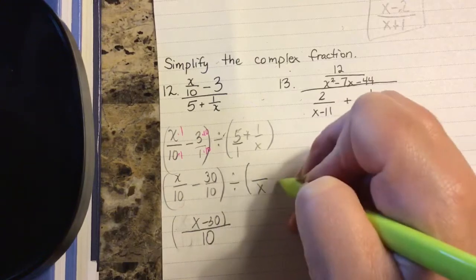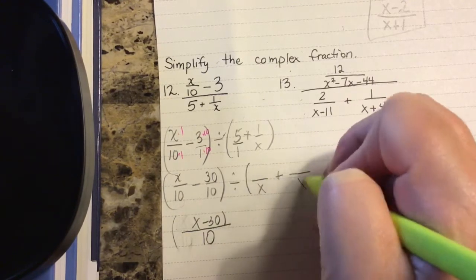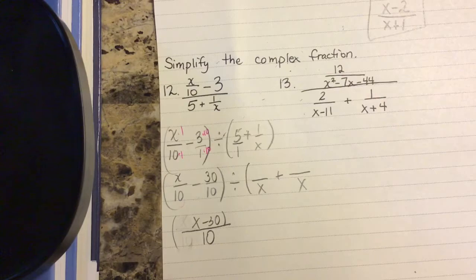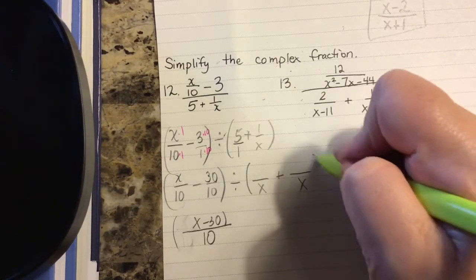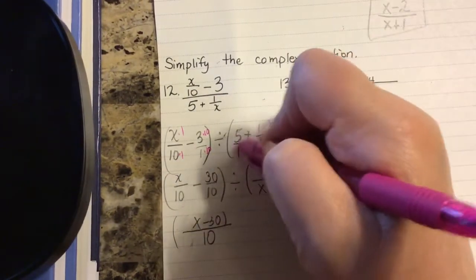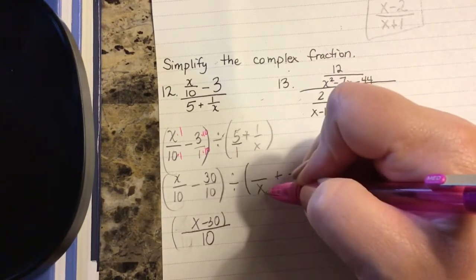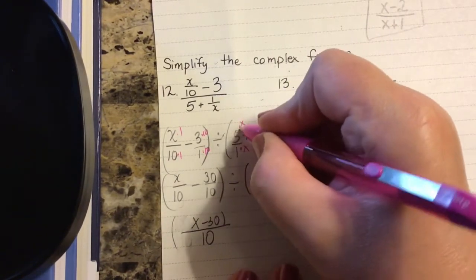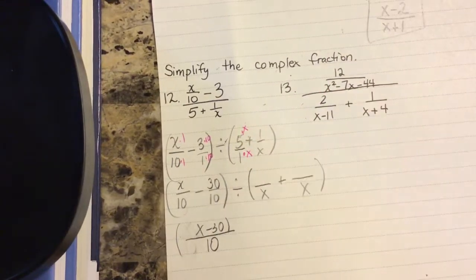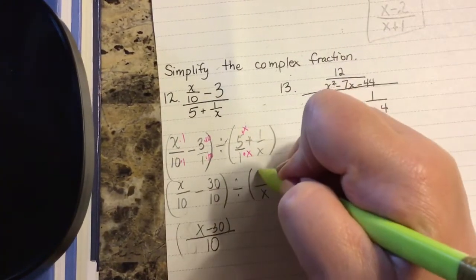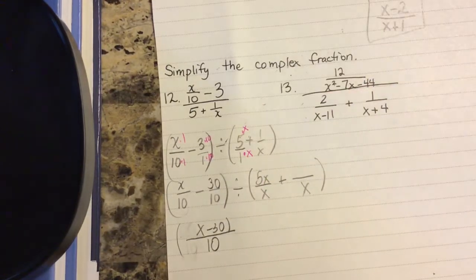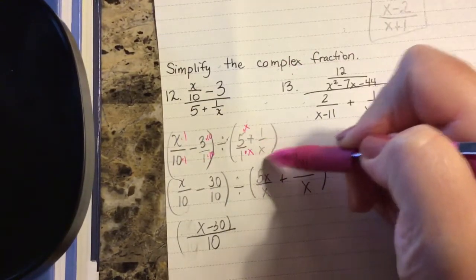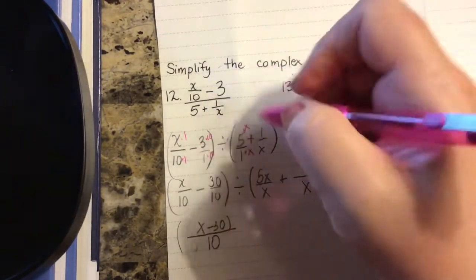So I'm going to put x here, a plus sign, and put x here. What will I multiply this denominator by to turn it into this denominator, to transform it? I would multiply by x. So my new numerator is going to be 5x. What do I multiply this denominator by to turn it into this or keep it that way?